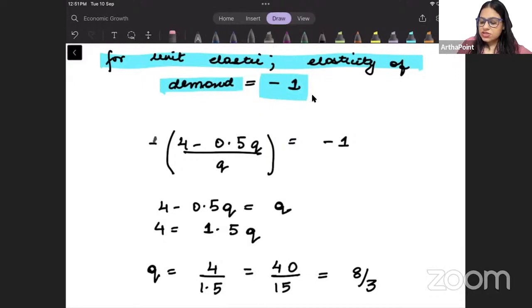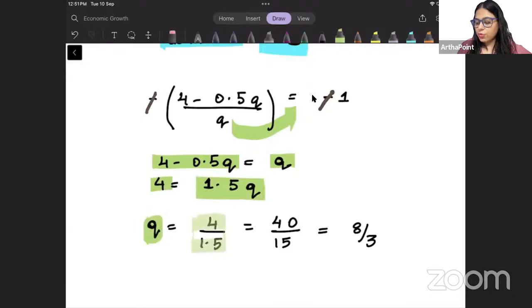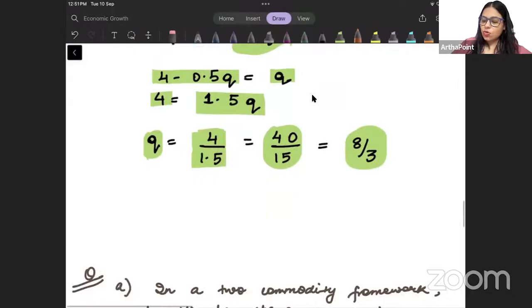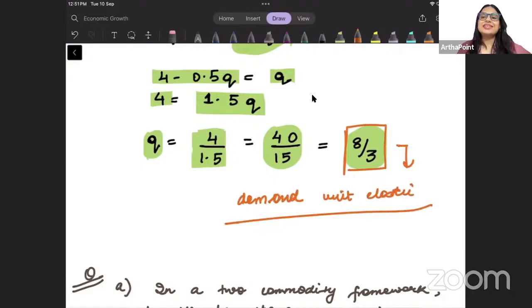Now I have cancelled the negative and negative, and I have got 4 minus 0.5 Q equal to Q. So I've got 4 is equal to 1.5 Q. So quantity is 4 divided by 1.5, so 40 by 15, which is 8 by 3. Is that clear? Quantity is 8 by 3. So this is the quantity for which you will get demand to be unit elastic. That's the answer to this question.